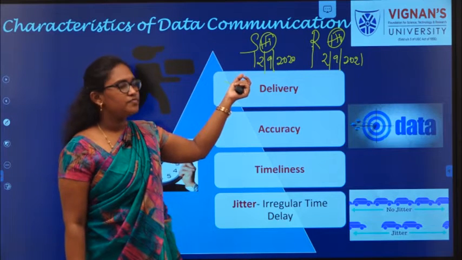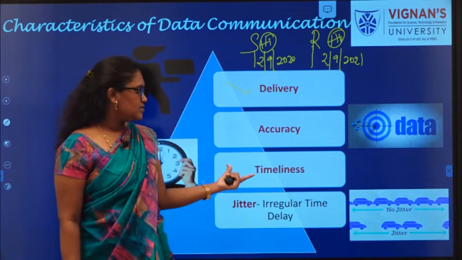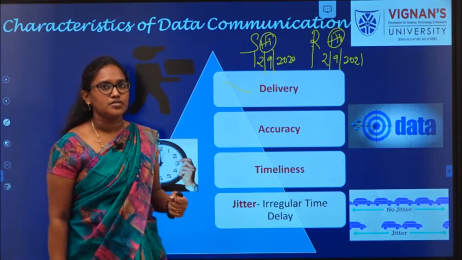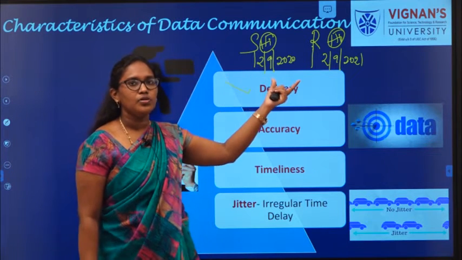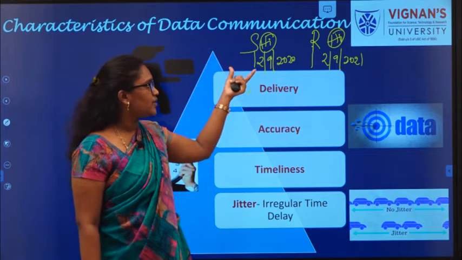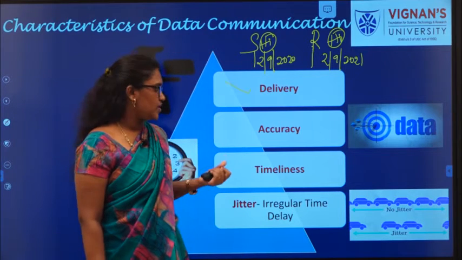That kind of property won't be acceptable in the case of computers. Within a fraction of a second, or within a time bound, our data should be transferred from sender to receiver.